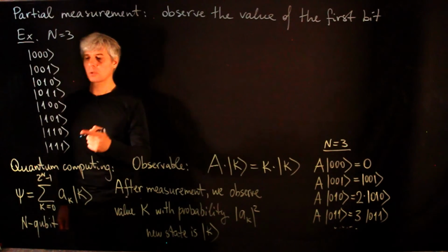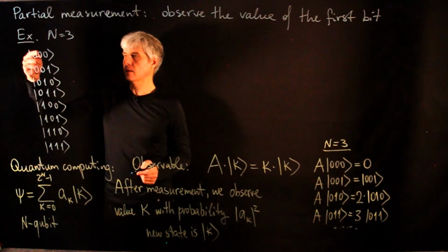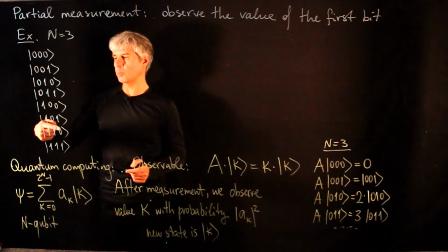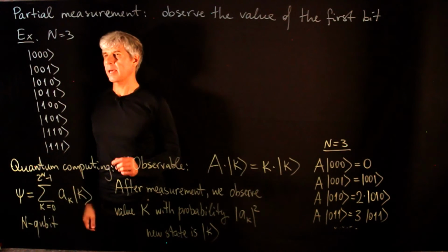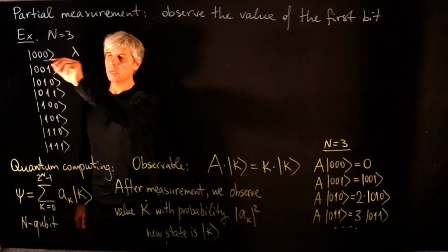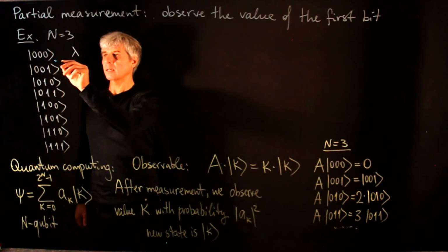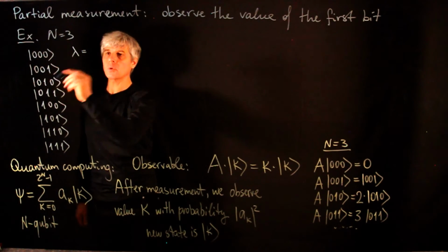And so suppose we want to measure not all 3 bits in this qubit, but only the left bit here. So this means that the corresponding values that we can observe will be 0 or 1.